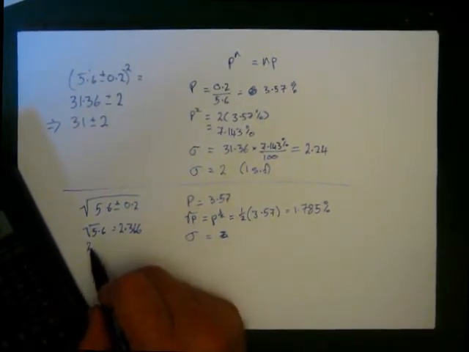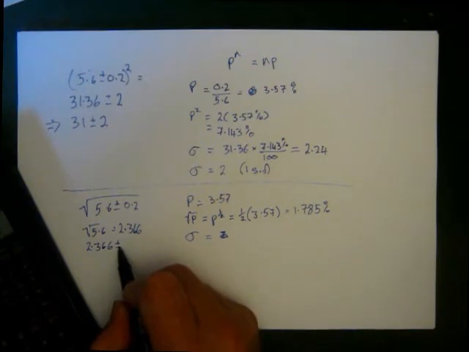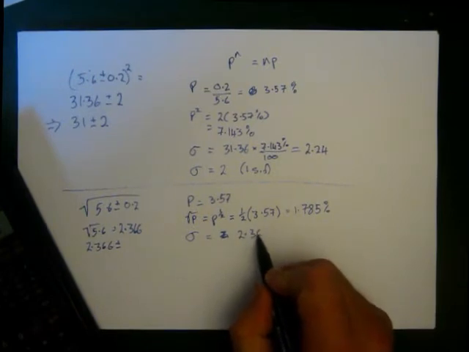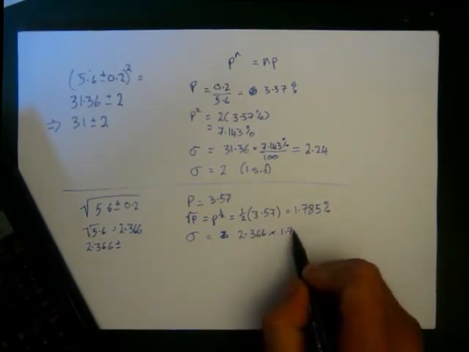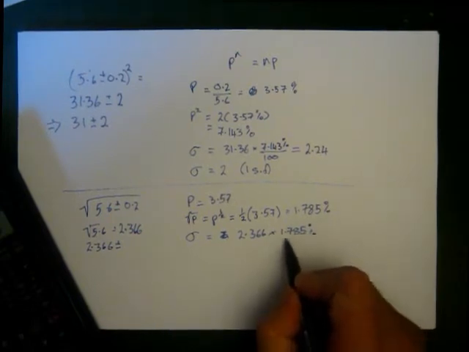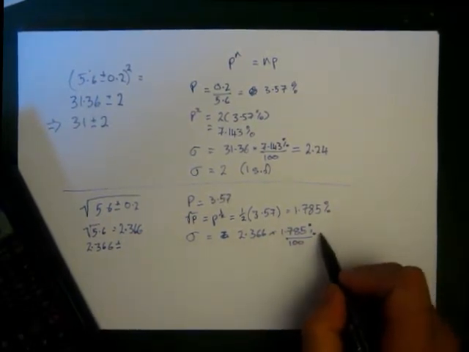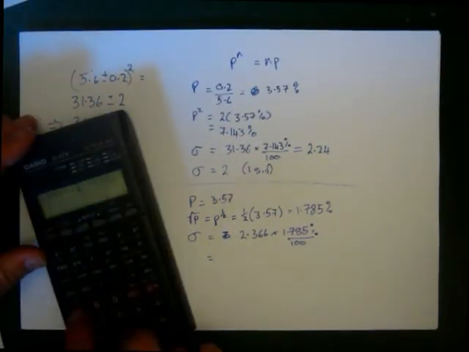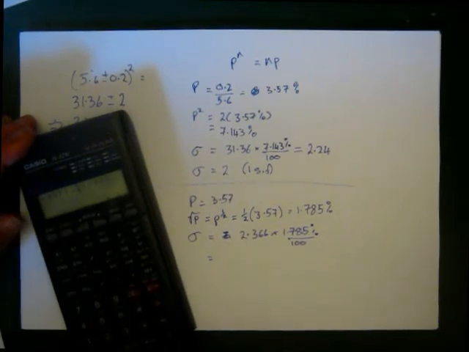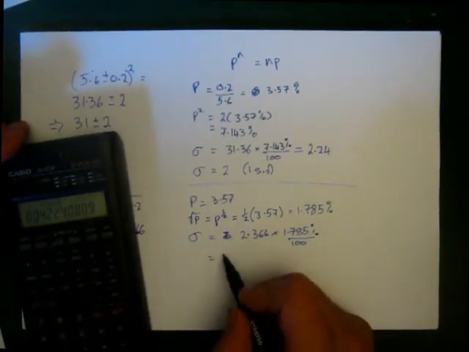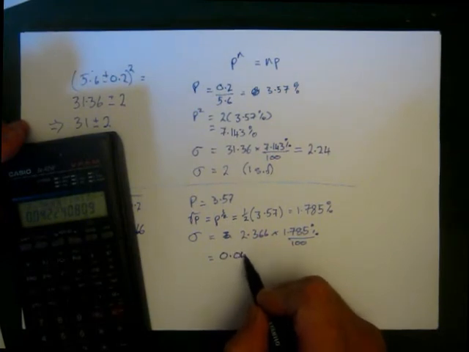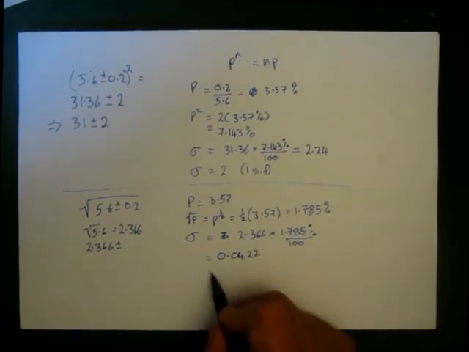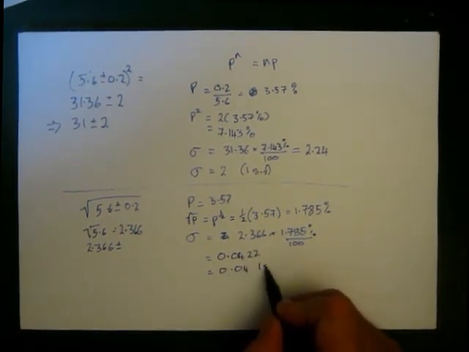So we want 2.366 plus or minus, and what we do is we go 2.366 times 1.785% divided by 100, so we turn it into a value again, which is 1.785 divided by 100 equals plus or minus 0.0422, which equals 0.04 to one significant figure.